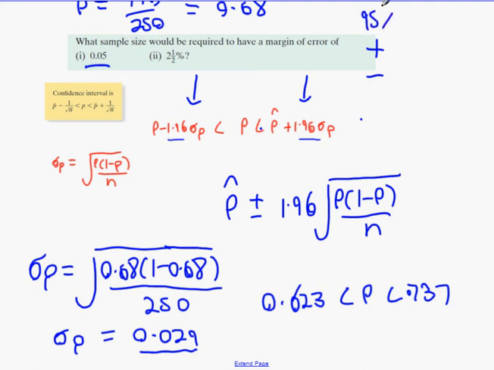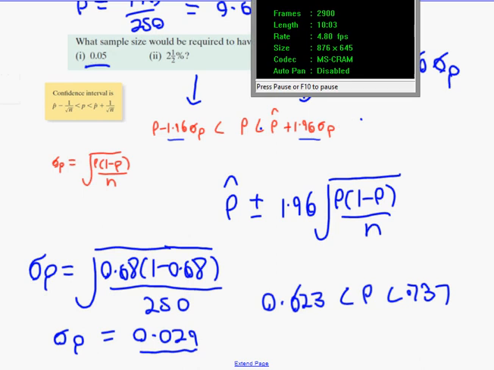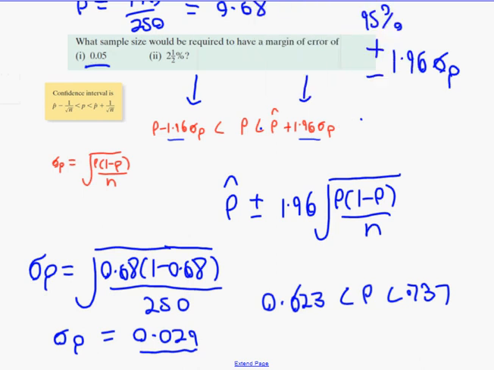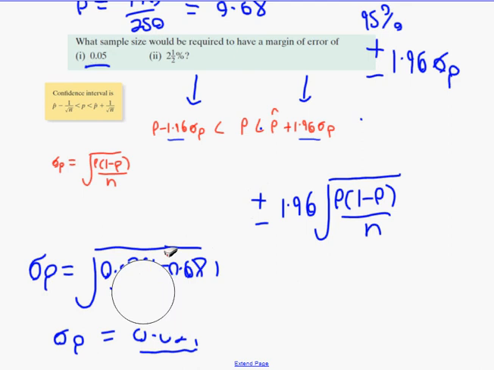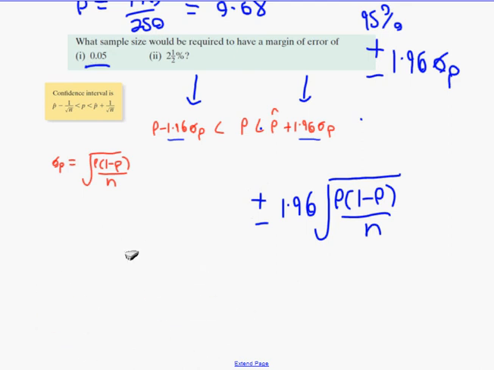So the margin of error is 1.96 times sigma p. This is my confidence interval, or my margin of error. And we're going to say that 0.05 has to equal it.